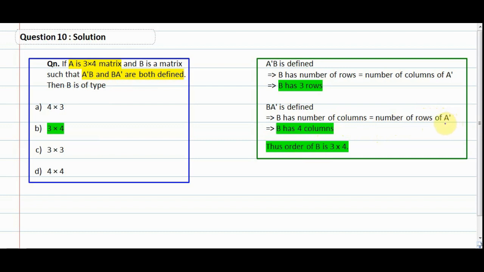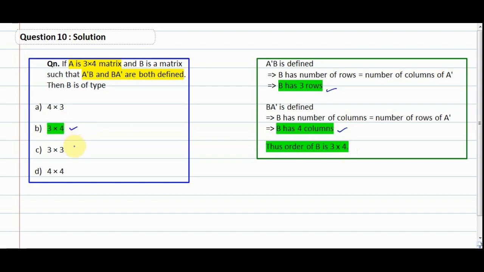That is the conclusion we are getting. So it means that B will have 4 columns. A transpose will have 4 rows, and therefore B will have 4 columns. Thus order of B will be 3 by 4. From the first statement we are calculating number of rows of B, and from this statement we are calculating number of columns of B. So order of B will be 3 by 4, and therefore the answer is given by option B.